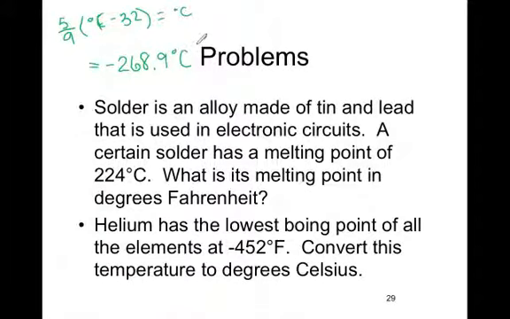Okay, so you take the negative 452, subtract 32, which equals negative 484. And then you multiply by 5/9. I still get negative 268 and 8/9 this time, but let me see how you do it.